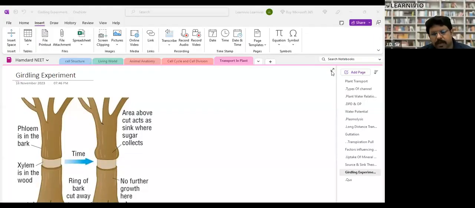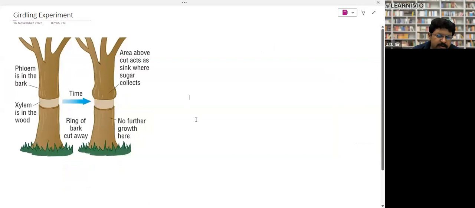Tell me, Martin, what will happen if we make a girdle this way? Suppose you have been assigned a tree, and you are making a girdle-like structure, like this way. This is xylem, phloem. What will happen?